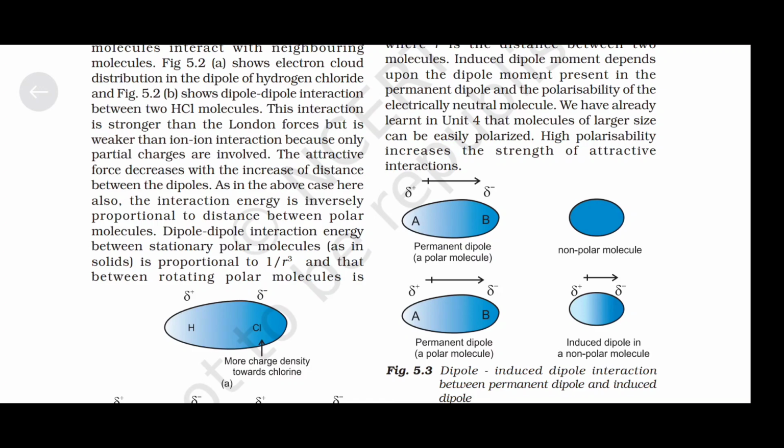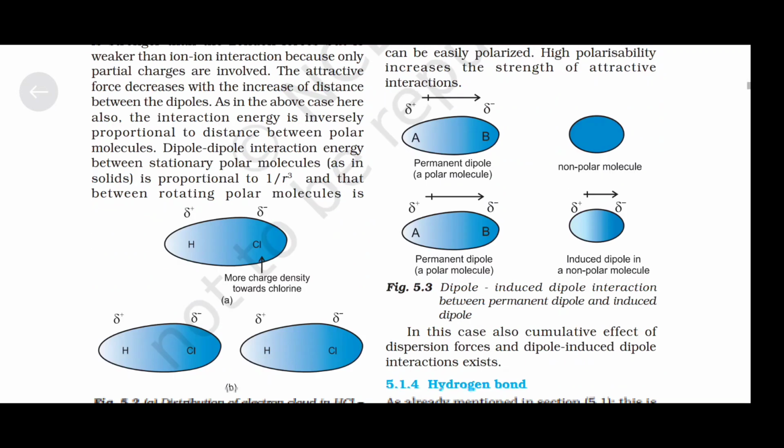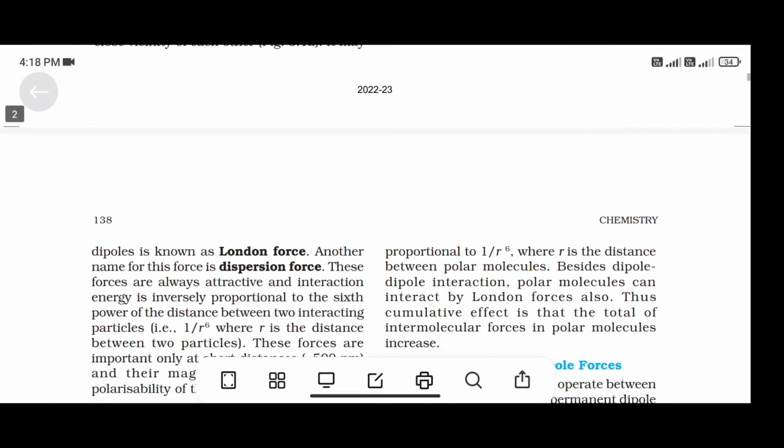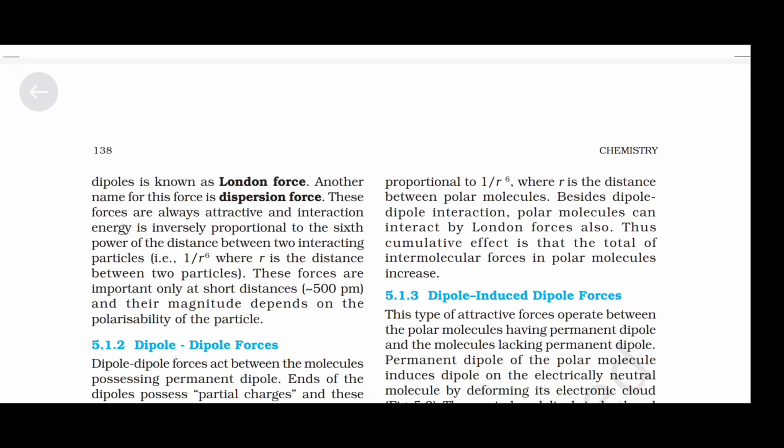As in the above case, here also the interaction energy is inversely proportional to the distance between polar molecules. Dipole-dipole interaction energy between stationary polar molecules, as in solids, is proportional to 1/r^3, and that between rotating polar molecules is proportional to 1/r^6, where r is the distance between polar molecules.